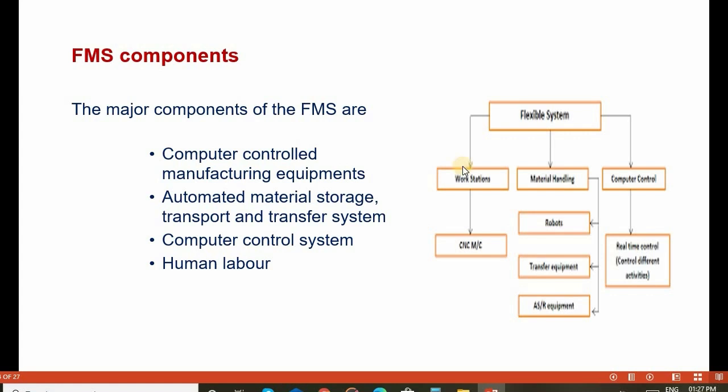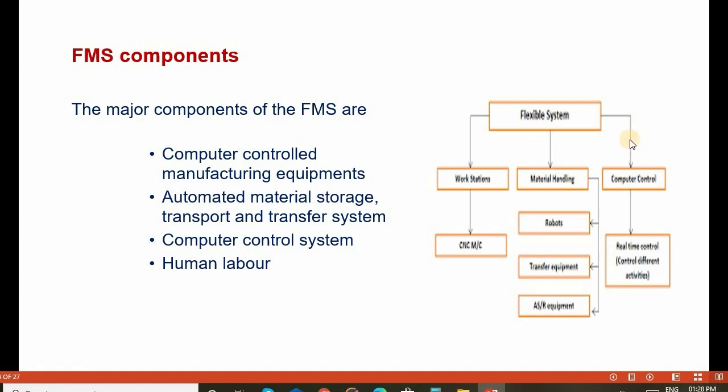The computer controlled manufacturing equipments, automated material storage, transport and transfer system, and computer control systems come under the flexibility systems. The computer controls the workstations and computer numerical control machines. It also controls and coordinates the various material handling equipments and systems, such as material handling robots, transfer equipment, and automated storage and retrieval equipments.